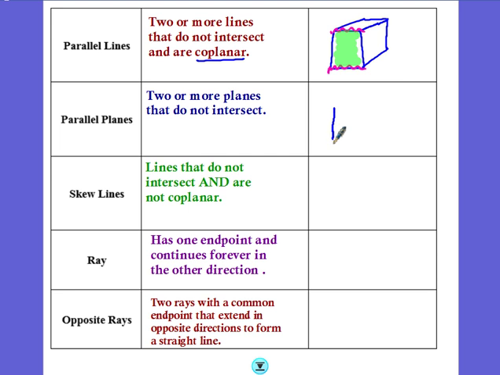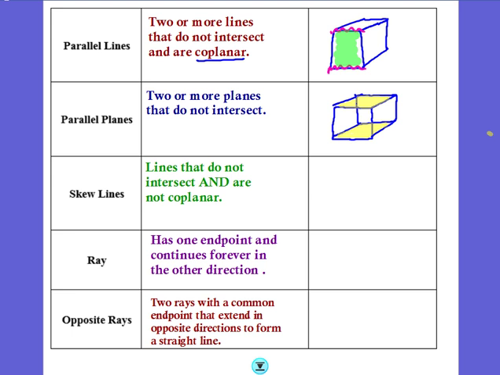So once again, I'm going to draw another box. Pretend that you have a box, and the planes are just like the top and the bottom of the box. Here's the top of the box, here's the bottom of the box, and those planes never intersect. So that's what parallel planes look like.